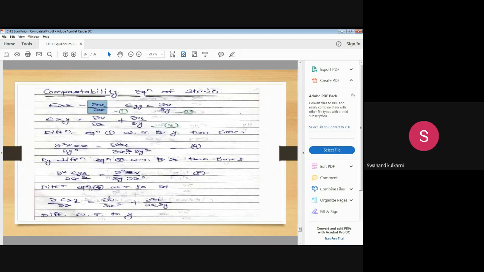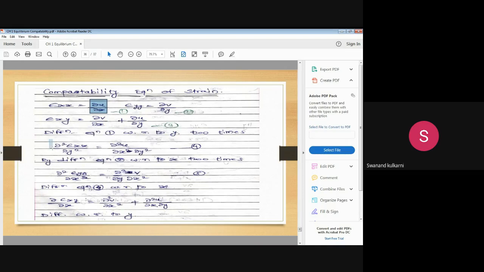Initially it is dou u by dou x, which is differentiated with respect to y 2 times. Then it becomes dou 3u upon dou x dou y2.